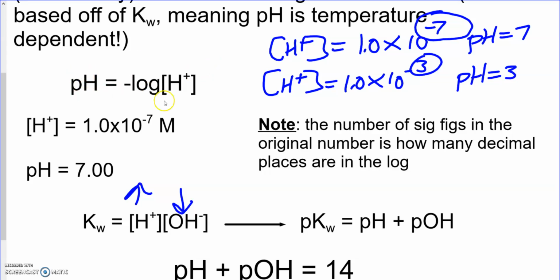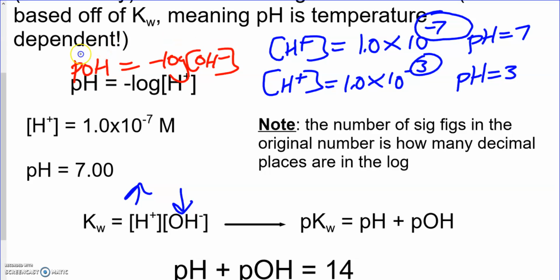And by the way, your pOH looks exactly the same as this. Let me write it out for you so you can see it. pOH equals negative log, and instead of taking it of the hydrogen ion concentration, we take it of the hydroxide ion concentration. And again, we would know which one to calculate based off of which species we knew.